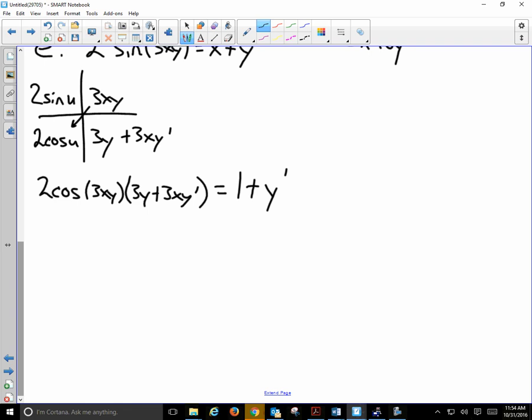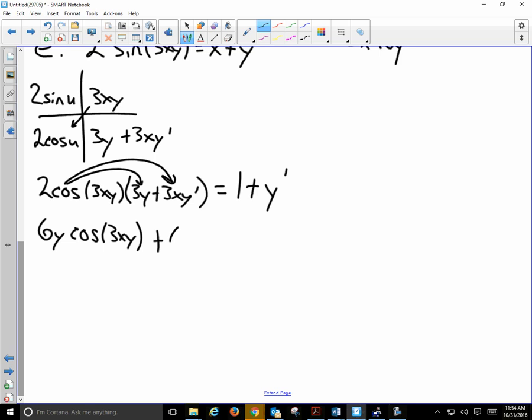Let's distribute and get rid of parentheses and then move stuff over. Okay. So it looks like we'll have 6y cosine of 3xy plus, now I'm going to distribute this here. So I just distribute it to the 3y first.